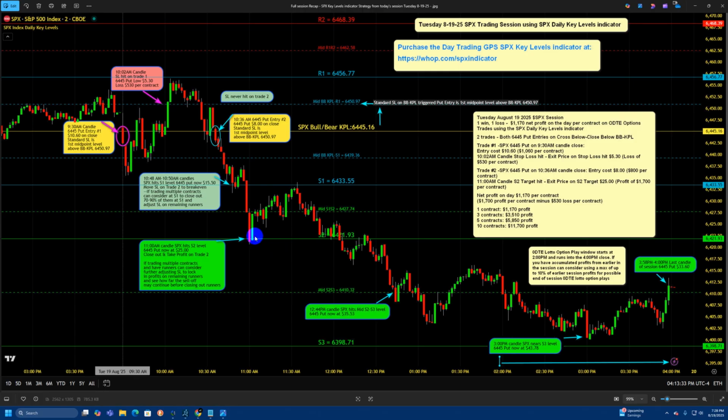So the whole point with runners is collecting profits as they happen on the way down, adjusting your stop loss so you're locking in either break even on the remaining runners or locking in partial profits on the remaining runners, which would be somewhere between 10 to 30% of your contracts.